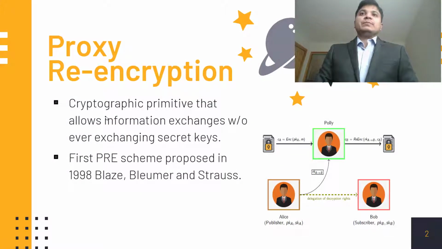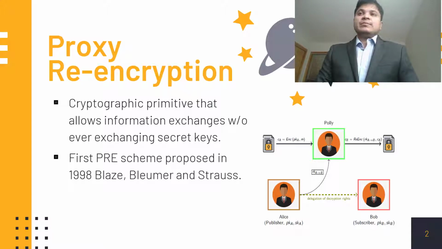Many of you working in the field of security and applied cryptography must already be aware of this concept of proxy encryption. It was introduced way back in 1998 by Blaze, Bleumer and Strauss. After that, many other proxy encryption schemes have been proposed, which are more secure and based on various other underlying security assumptions.